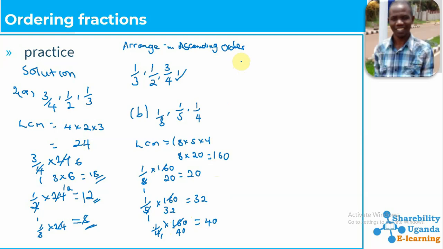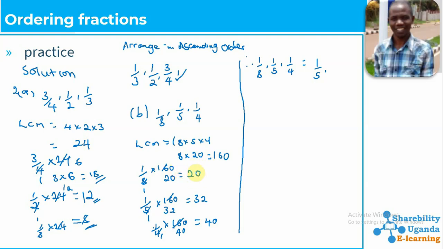So they want us to arrange in ascending order. Therefore, from the smallest to the biggest, I have 32, which is 1 out of 5, then which one is the smallest?